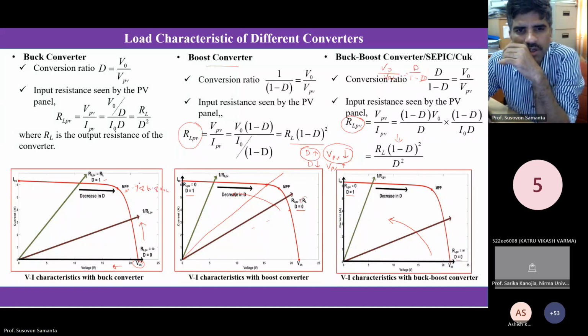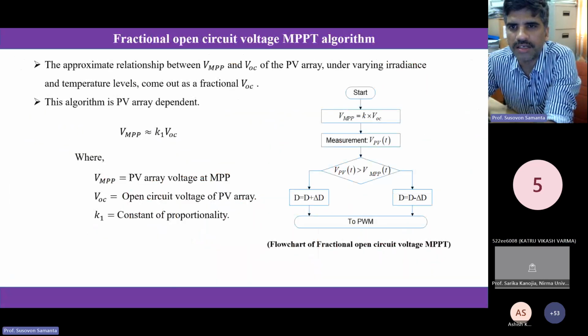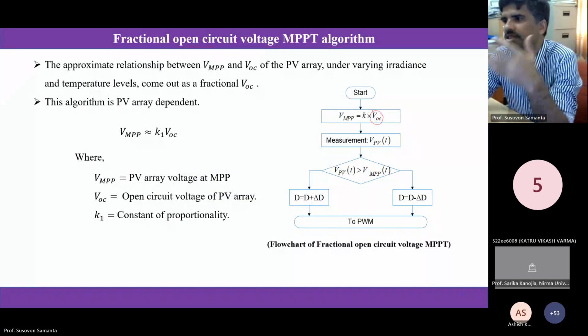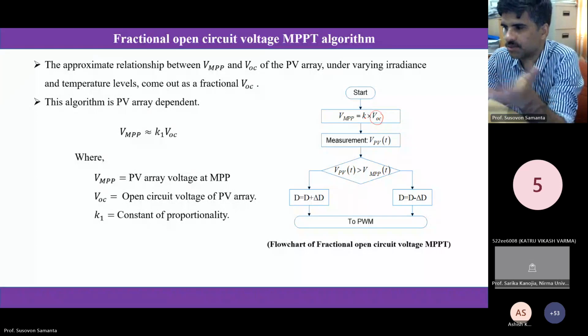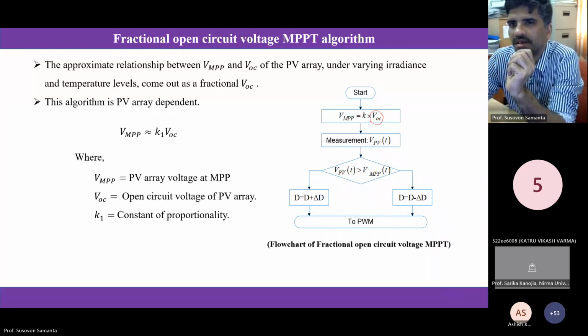Okay. So what you can do is take this VOC. Initially, you have the panel. You do the IV characteristics, because obviously VOC, as I said, depends on the irradiation and the temperature, but you have to fix some VOC.